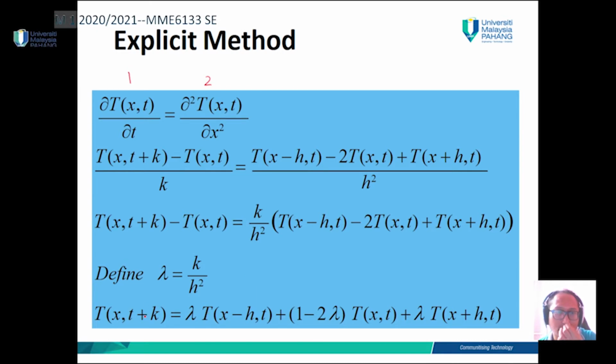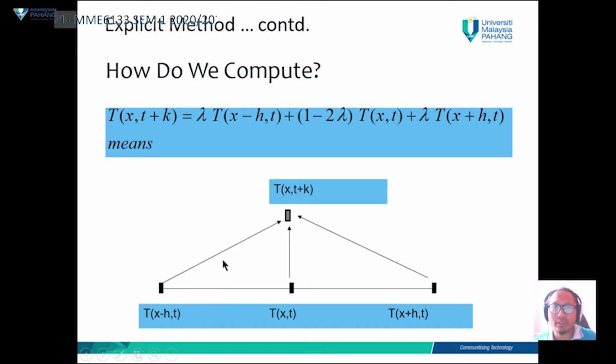T(x, t+k) is equal to lambda T(x-h, t) plus (1 minus 2 lambda) T(x, t) plus lambda T(x+h, t). So how are we going to compute the equations for all the nodes?